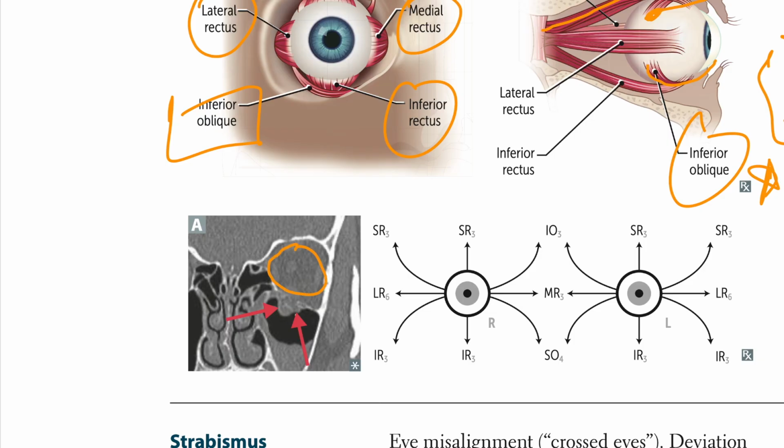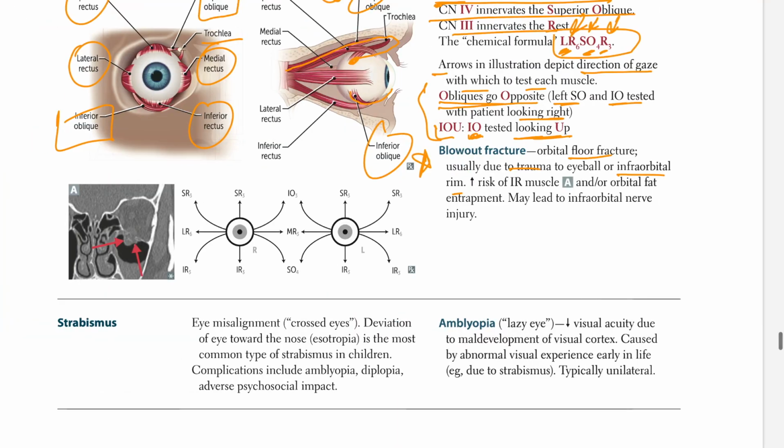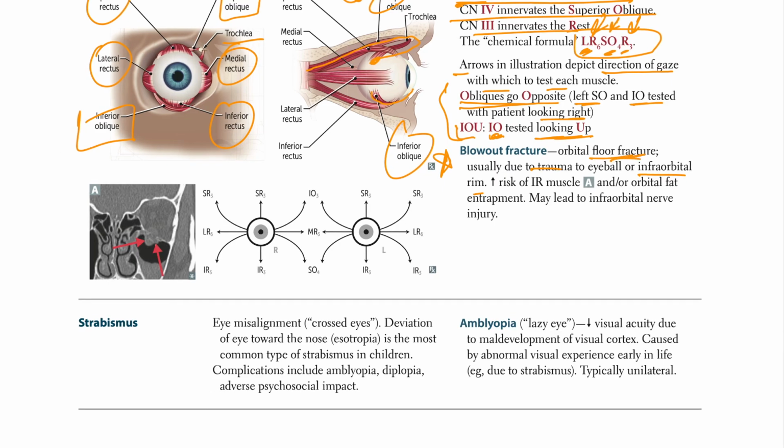Normally you should have this bone fully intact. There shouldn't be any opening here, right? Since there is an opening here, it's an orbital floor fracture. You can see this is the floor of the orbit. There's a fracture. That's why orbital structures are coming out of it, right?